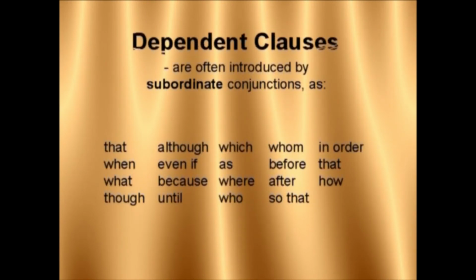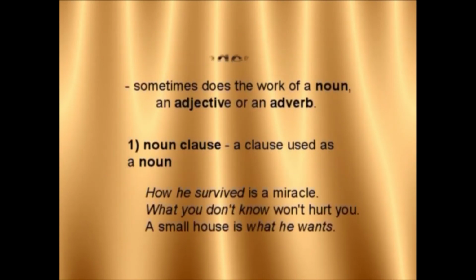Dependent clauses are often introduced by subordinate conjunctions such as that, when, what, though, although, even if, because, until, which, as, where, who, whom, before, after, so that, in order that, how.